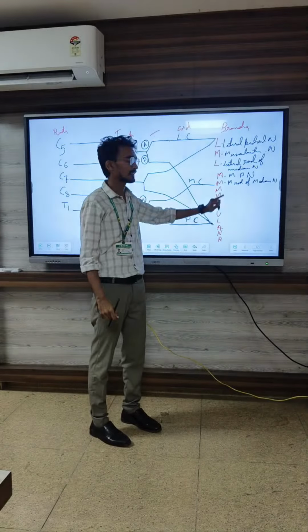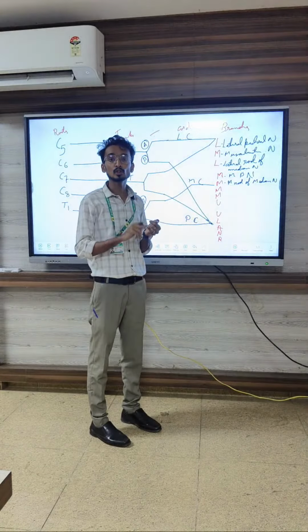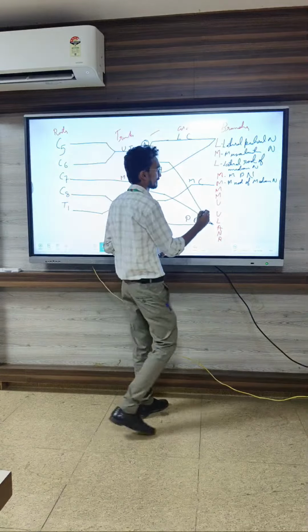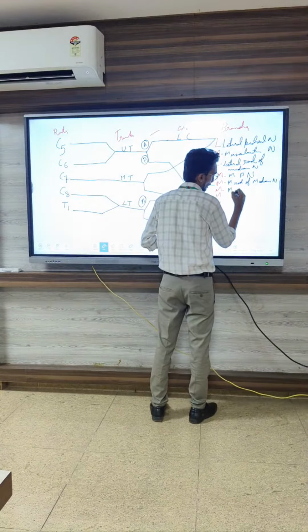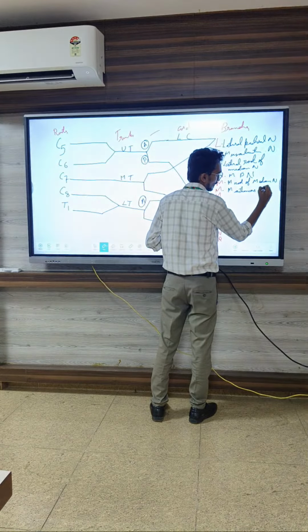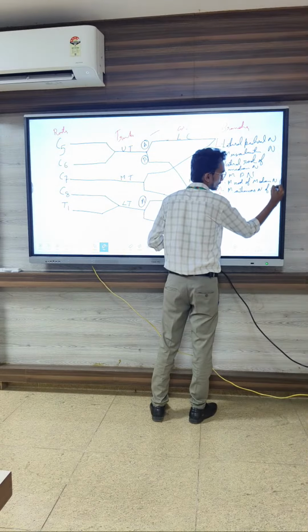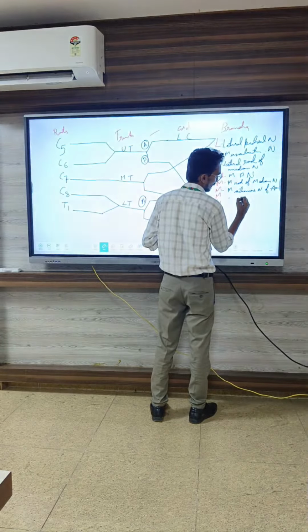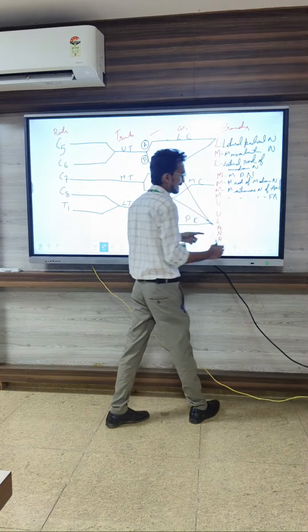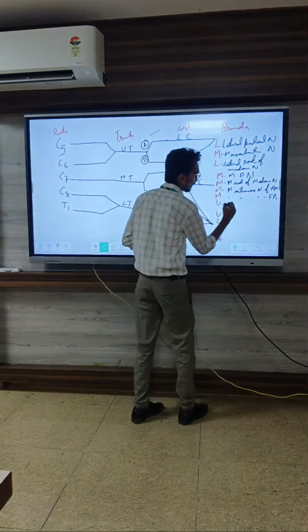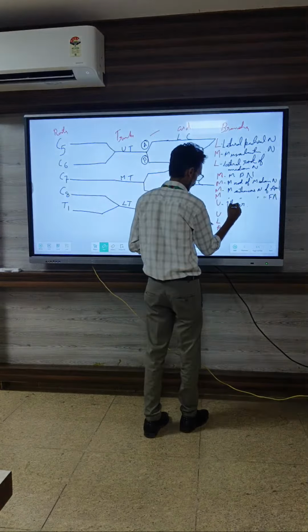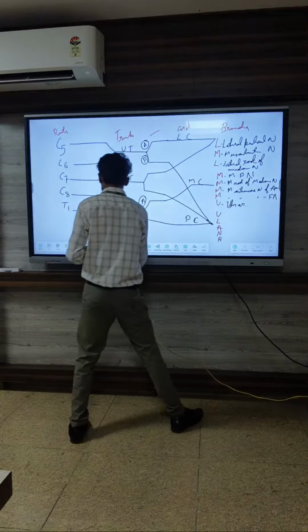The remaining 2 are the medial cutaneous nerve of arm and the medial cutaneous nerve of forearm. Lastly, we have the ulnar nerve.